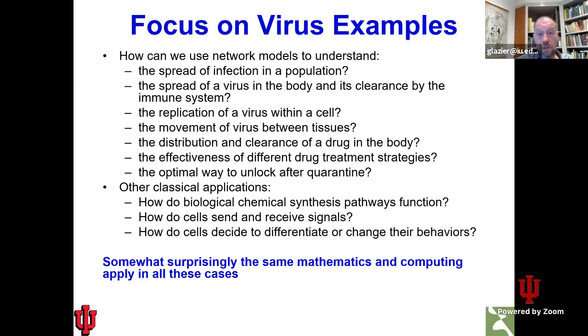Some of those models are a little more complex than the ones we'll do in class, but they're not fundamentally very different. We'll find that the modeling of how virus spreads from person to person is mathematically indistinguishable from the way you model the spread of virus from cell to cell once it gets into your body.